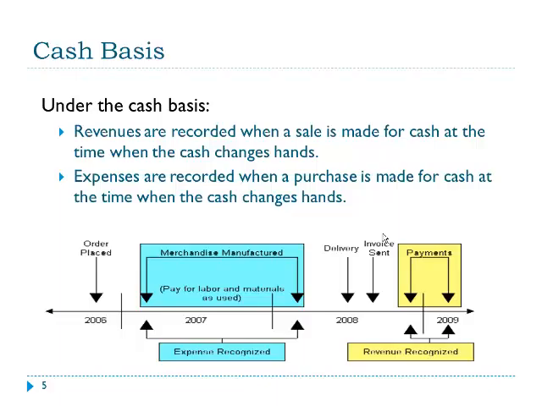So revenues are recognized at that later time when cash is finally received from customers. I've set it up on this diagram so that we in fact have years in between the expenses and the revenues.